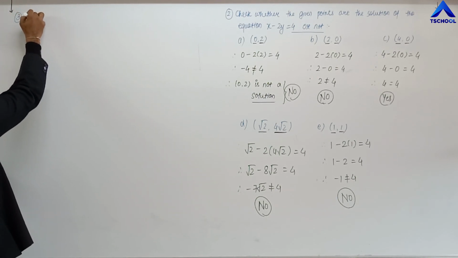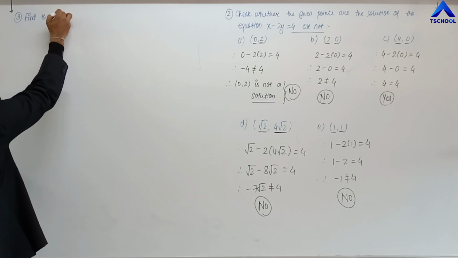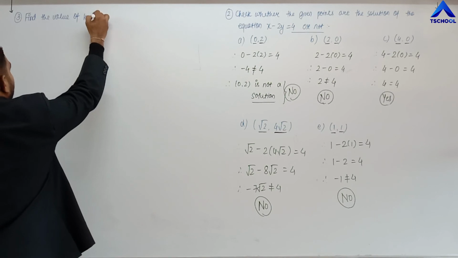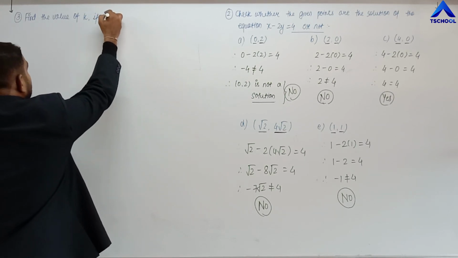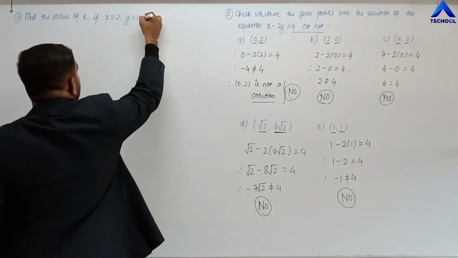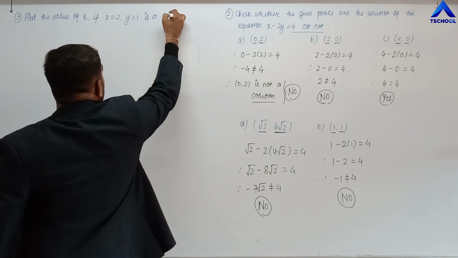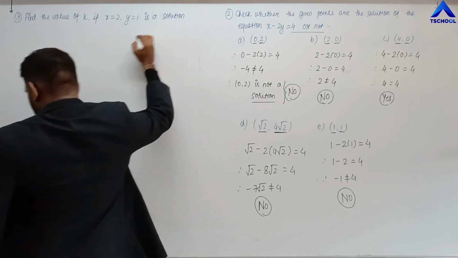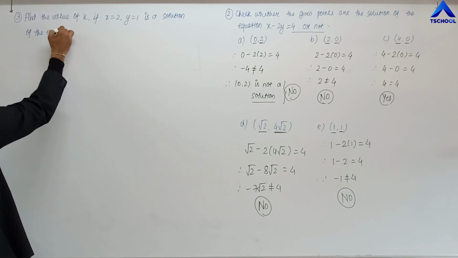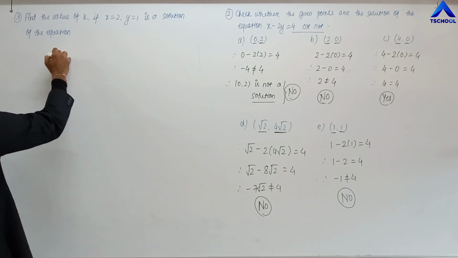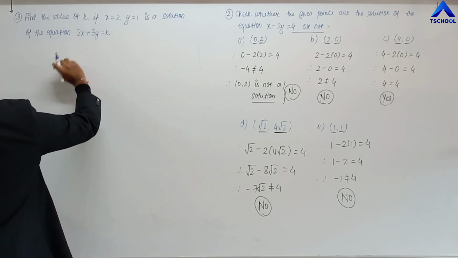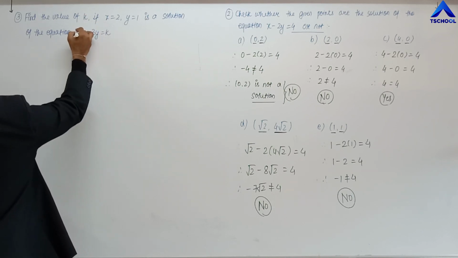Find the value of k if x equals to 2 and y equals to 1 is a solution of the equation 2x plus 3y is equal to k.